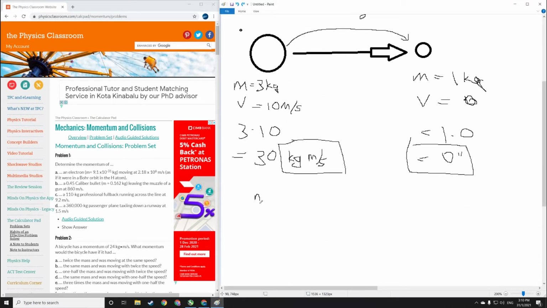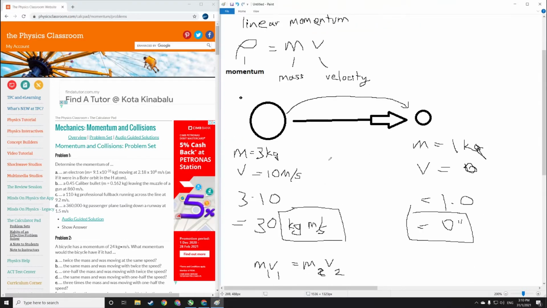So what this means is m1 v1, which is the momentum in the start, must equal m2 v2 of the entire system. Okay, and that's very important to remember.